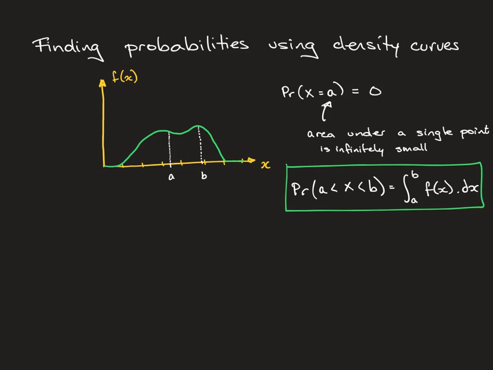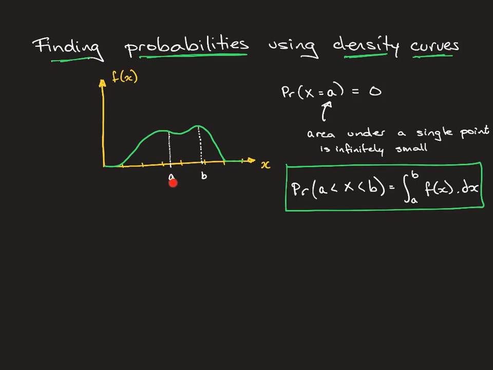So we can use density curves to find probability. So we know that we use the area under a curve to find particular probabilities. So let's talk first of all about the idea of finding the probability that x is some particular value a.